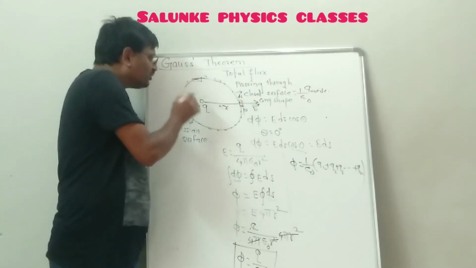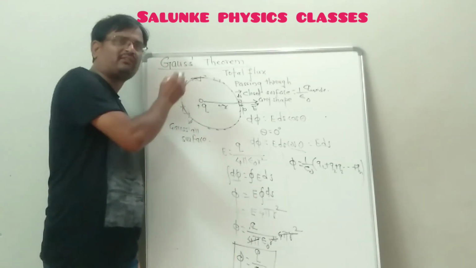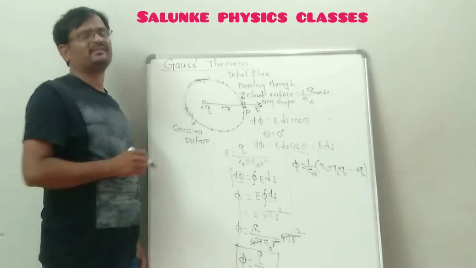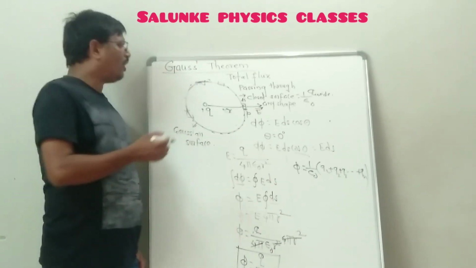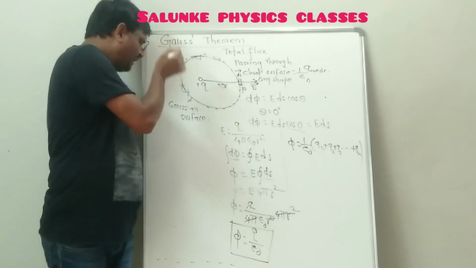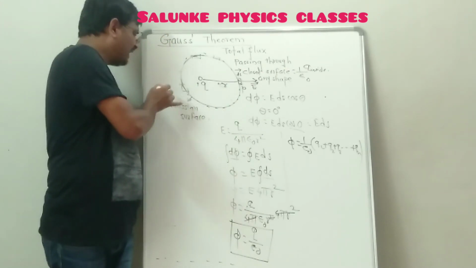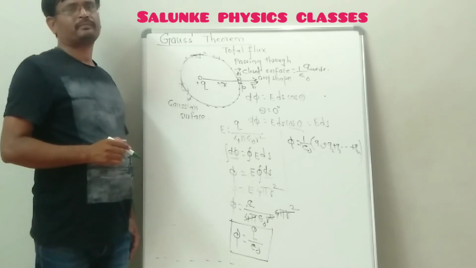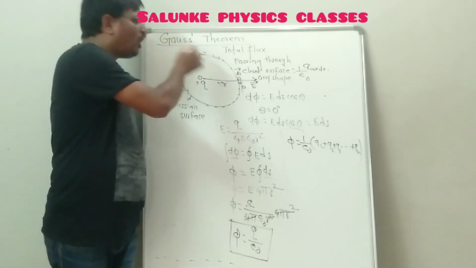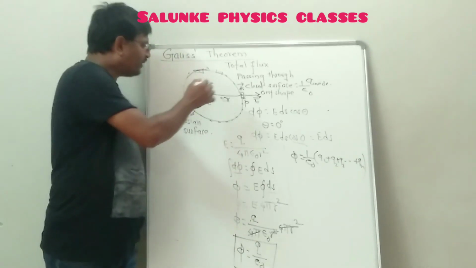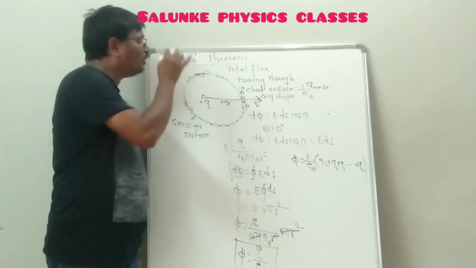Gauss theorem is used to find out electric field intensity at a point due to point charge. And for Gauss law, we choose the area, that surface is known as Gaussian surface. Gauss theorem is based on inverse square dependence on distance contained in Coulomb's law.